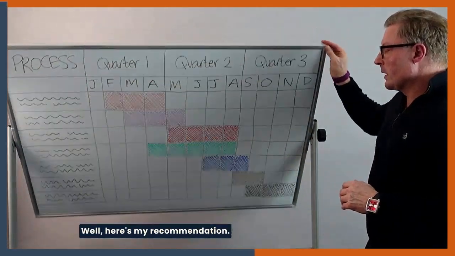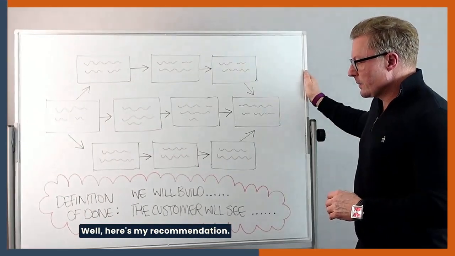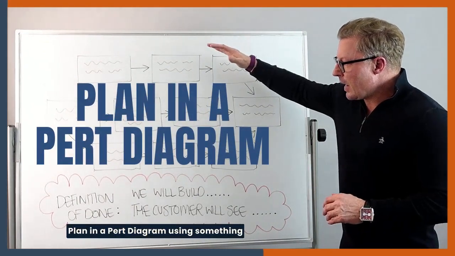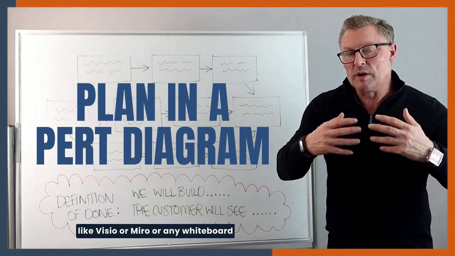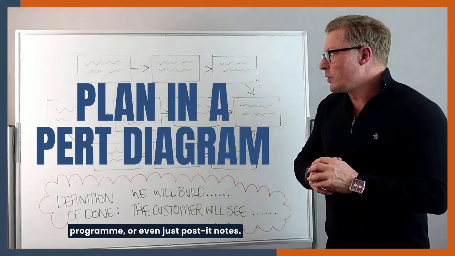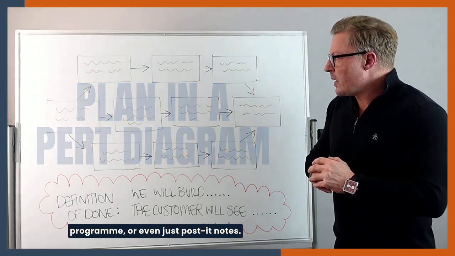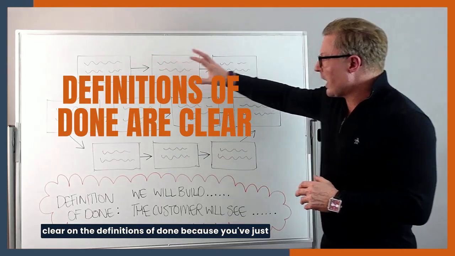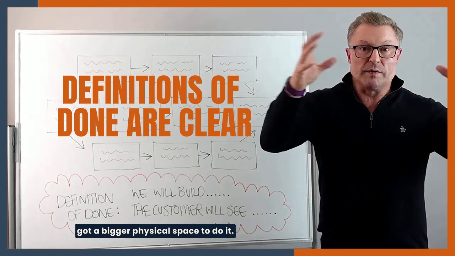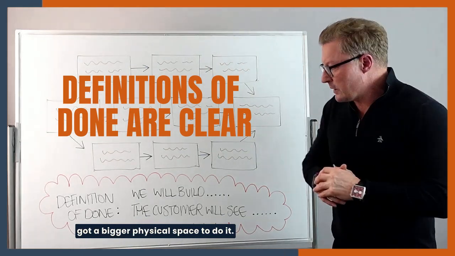Well, here's my recommendation. Plan in a PERT diagram using something like Visio or Miro or any whiteboard program or even just post-it notes. Number one, you've got the opportunity to really be clear on the definitions of done because you've just got a bigger physical space to do it.